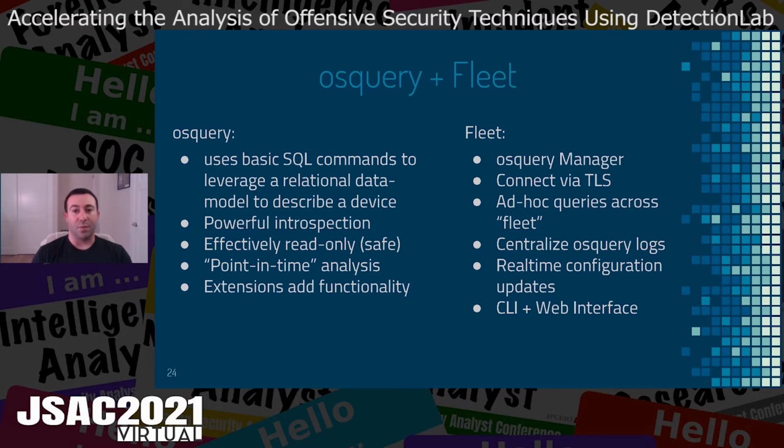Fleet also allows queries to be issued on an ad hoc basis against hosts. One way this can come in handy is, say for example, you have a threat intelligence team, and that team receives some information that a specific Chrome extension has been discovered to be malicious and is sending malicious traffic.